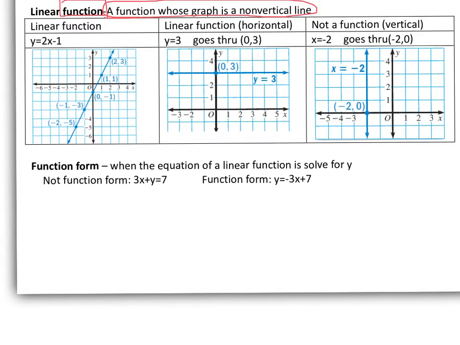And if we add the word linear, it just means an equation whose graph is a line, and together this makes an equation which is a function. So for the linear function y equals 2x minus 1, the graph will look like this. If you plot 3 random points, you should get that graph.